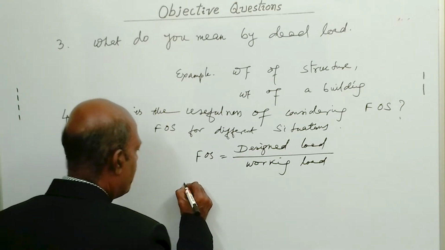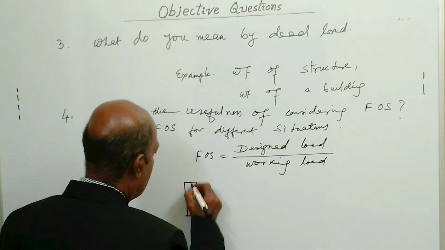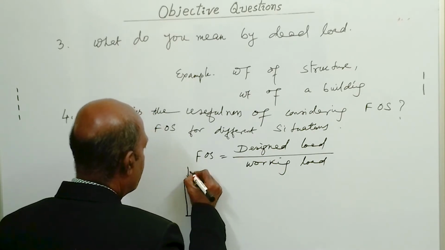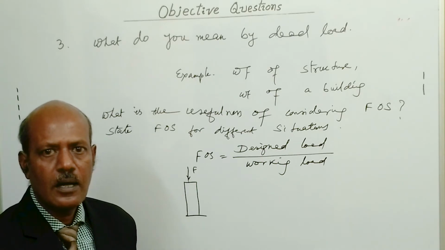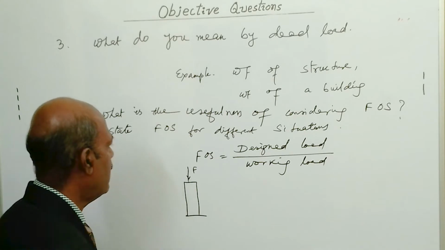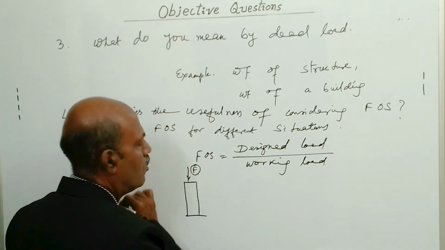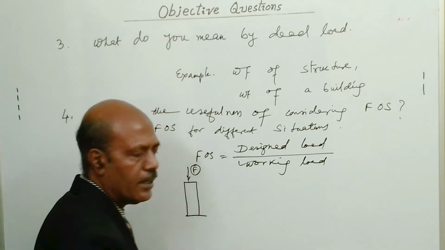So all the members are designed to carry some load. Say this is a member, so the maximum load which is coming over the member during its life period is, say, F. This load is known as working load.